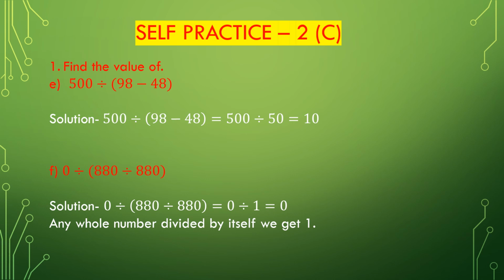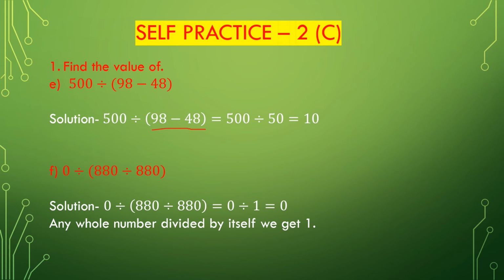Now we'll solve fifth bit E. 500 divided by 98 minus 48, where 98 minus 48 is inside the bracket. First we perform this calculation inside the bracket. As we know, inside the bracket, that is the parenthesis, has the highest precedence, highest priority than other operation.